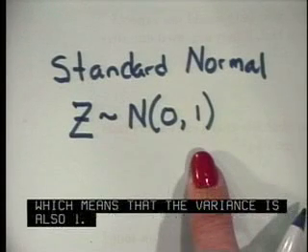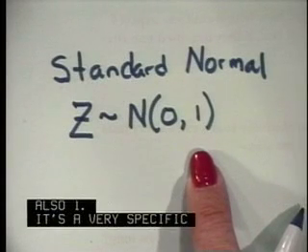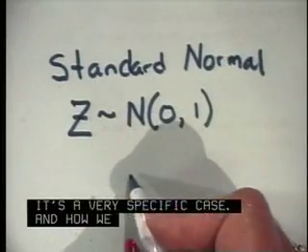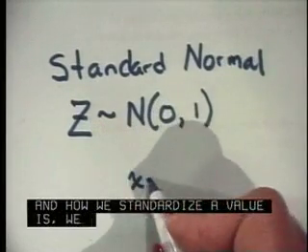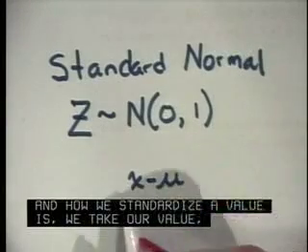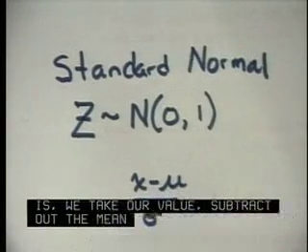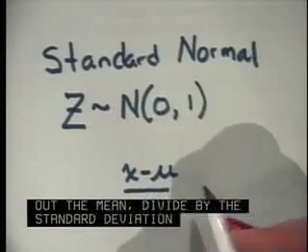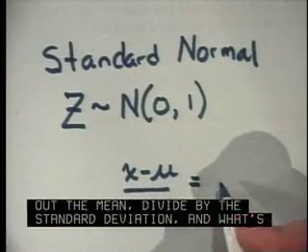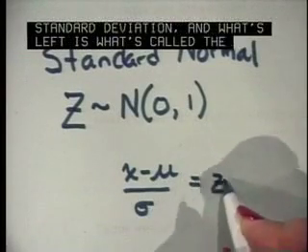It's a very specific case. And how we standardize a value is we take our value, subtract out the mean, divide by the standard deviation, and what's left is what's called the Z value, or the Z-score.